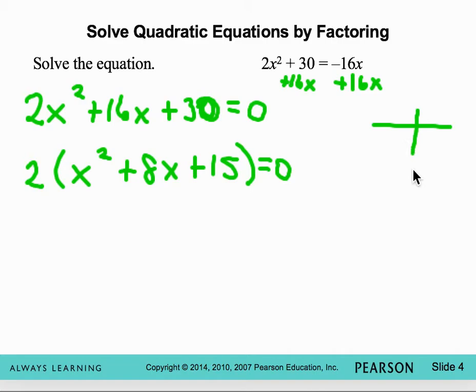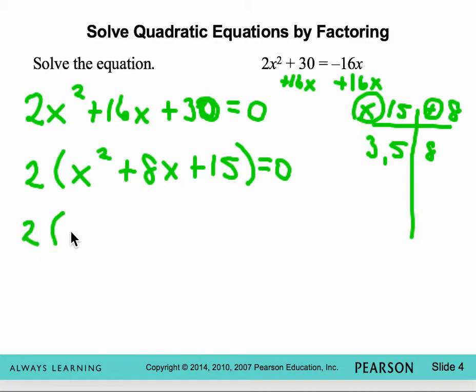So I'm looking for two numbers that when I multiply them together give me 15 times 1, and when I add them together give me 8. How about 3 and 5? Okay, so x plus 3, x plus 5, and because that leading coefficient is a 1, if I divide by 1, it doesn't change these numbers.